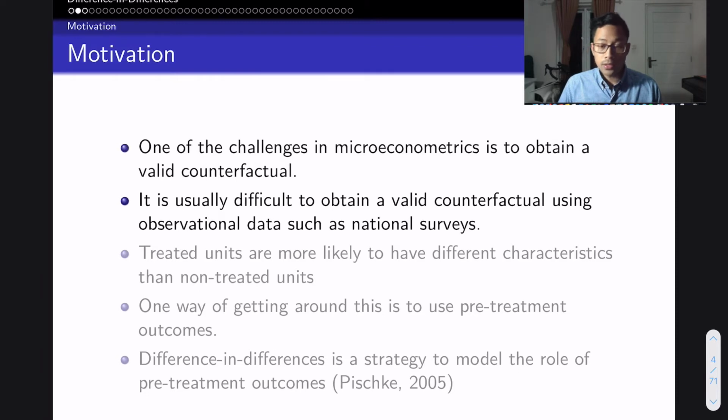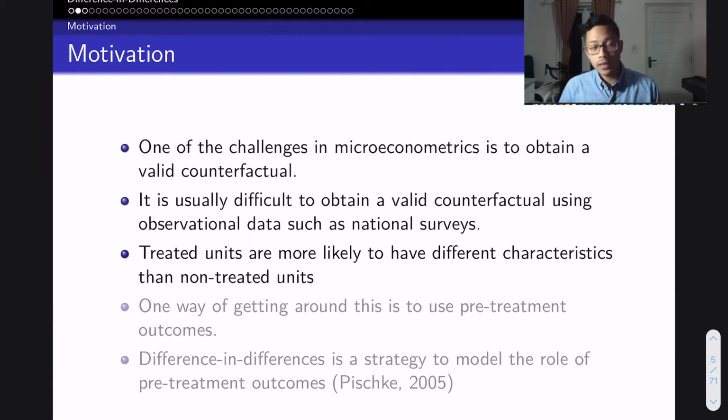In general, treated units are more likely to have different characteristics than non-treated units. For example, on average, those who receive the program Keluarga Harapan are poorer than those who do not receive the program. Again, in general, they're different not only on characteristics that we can observe, but more so on the characteristics that we do not observe.